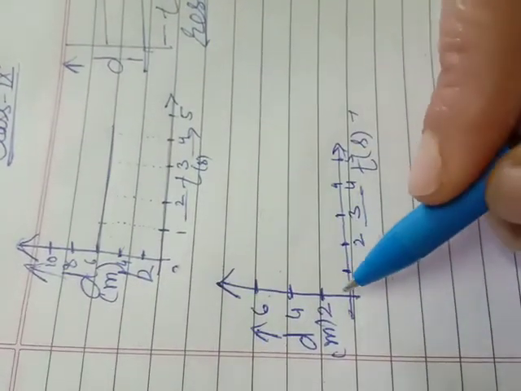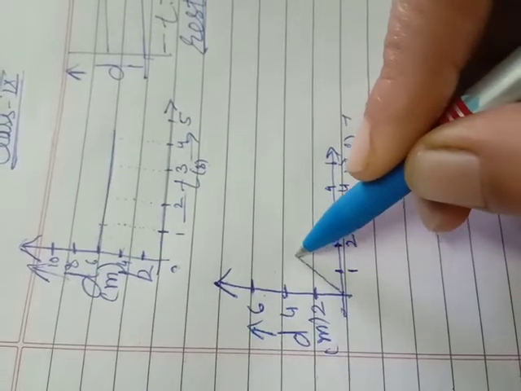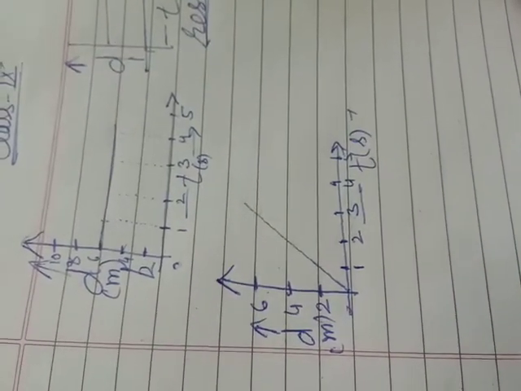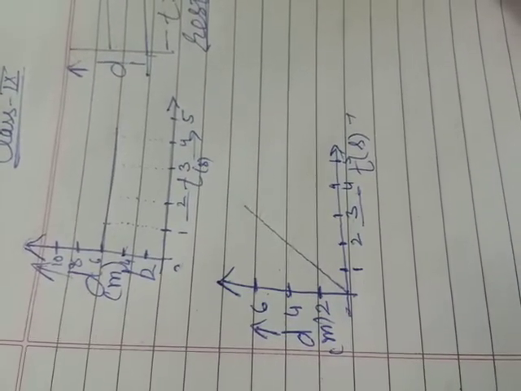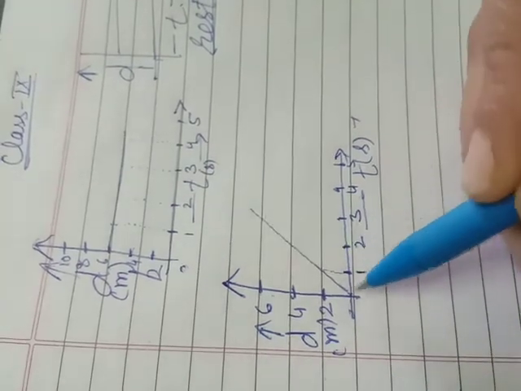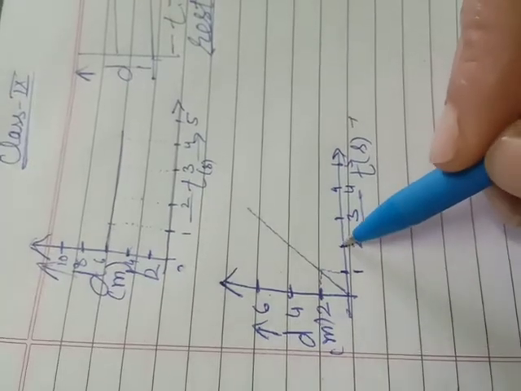Now see, suppose I am getting a graph that is a straight line with some slope to the time axis. It means that as time is changing, when the time is 1 second, the distance is 2 meters.